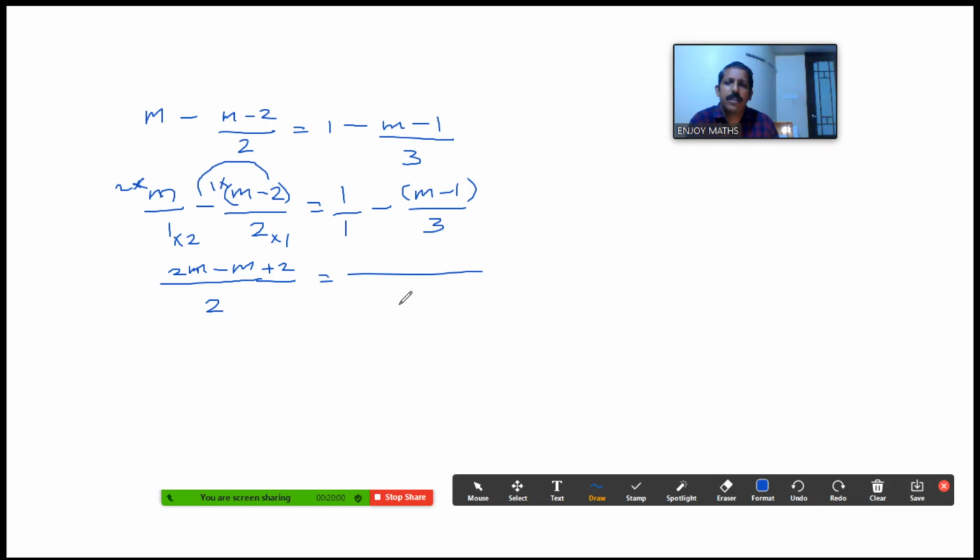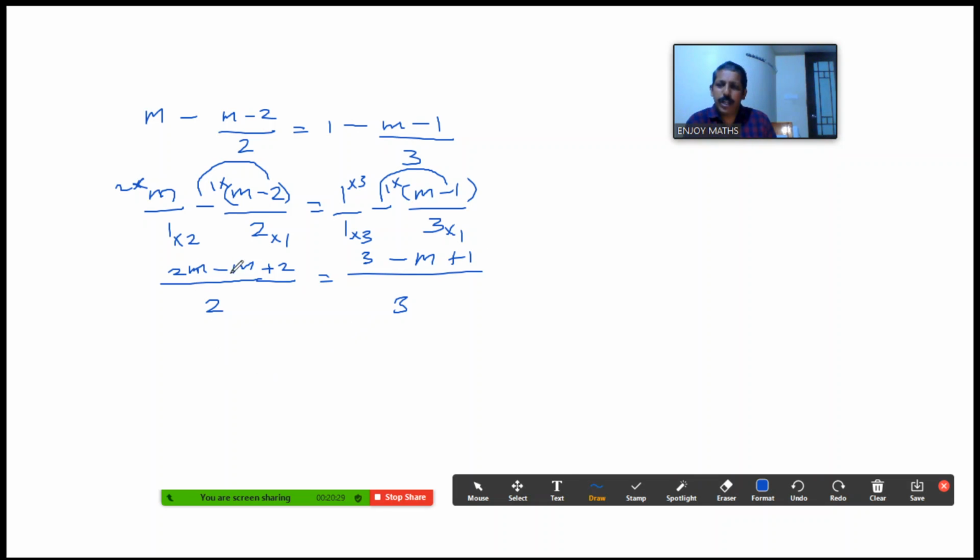Here 3, so 1 into 3, so top also 1 into 3, that means 3, then here is 1, so I put the 1 in front, don't put it at the back because it will be easy for you. So minus 1 into m is what, already I put the minus here, so minus m, then minus into minus plus, okay, that's good.